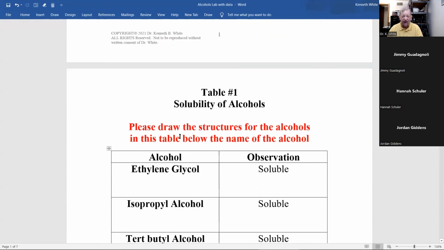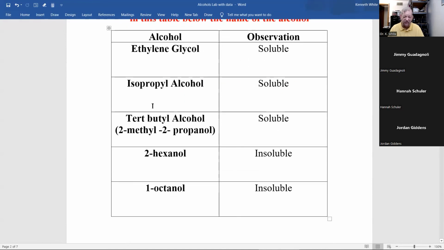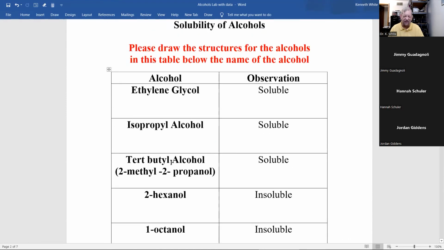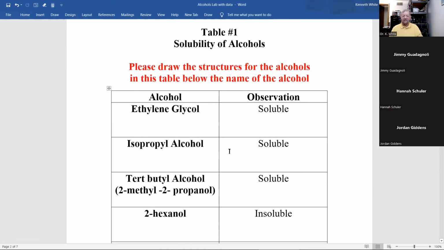Now, notice in red, please draw the structures for the alcohols in this table below the name of the alcohol. Right here you have space. Here it's a little crowded. If you need space, put it out here in the margin. And if you notice, some are soluble and some are not.